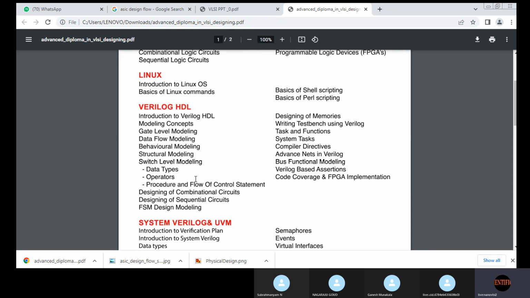The evolution of ASIC design started with VHDL only, but later on Verilog came into existence after VHDL. So it has more importance and more advantages than VHDL. That's why in industries, everyone will go for Verilog. Maximum industries go with Verilog coding only.